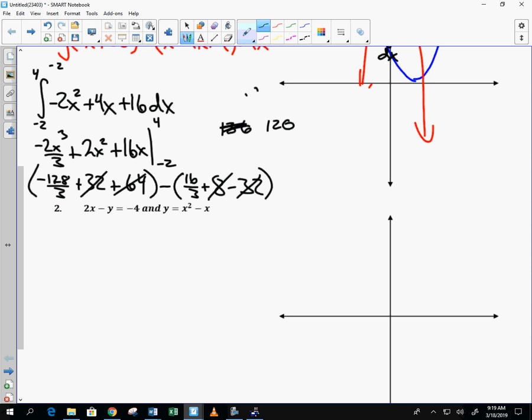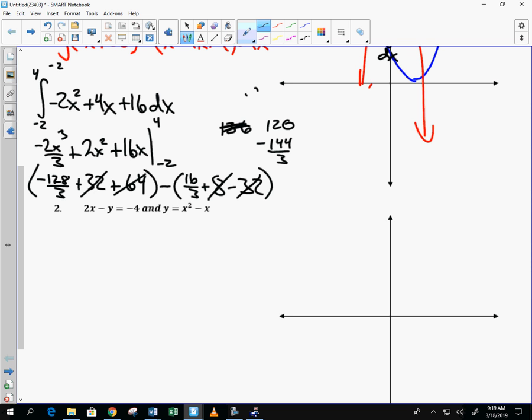Then I got negative 128 thirds minus 16 over 3, so it's going to be what? Negative 144 over 3. Is 144 divisible by 3? Yeah, it is. 72 would be half, right?